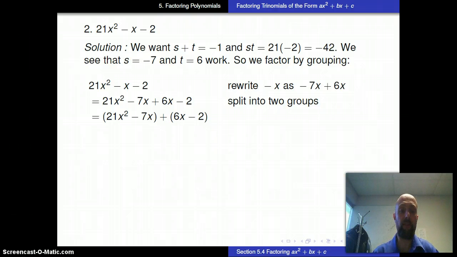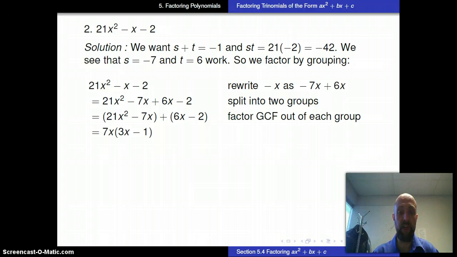Next, we factor out the greatest common factor out of each group. For the first group, we have 21x squared and 7x. The greatest common factor is 7x. When we factor out 7x, we are left with 3x minus 1. For the second group, we have 6x minus 2, in which the greatest common factor is 2.